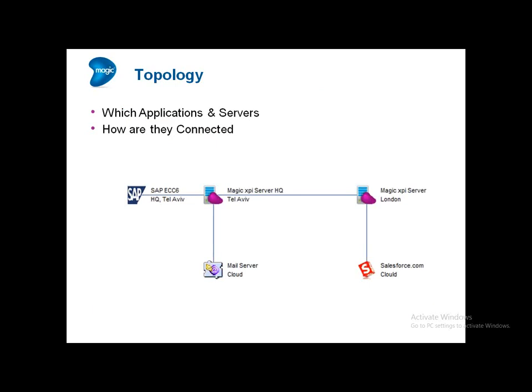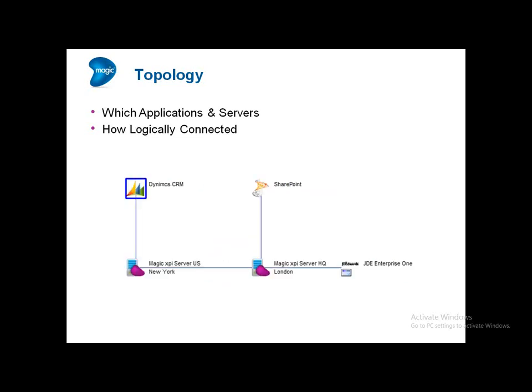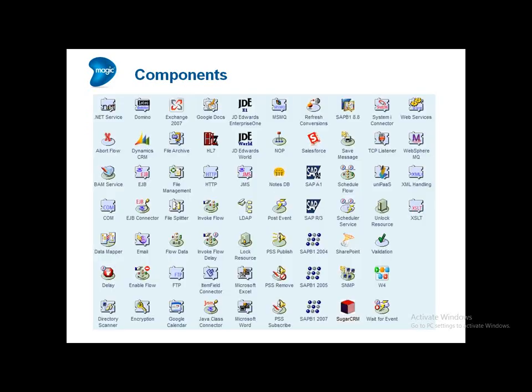Let's say you could have SAP running on a very specific network with very specific boundary security, etc. And on the other side you have Salesforce running in the cloud and connecting to different systems or different locations that you might have. Here is another example with different locations but involving different systems. They are all designed and dropped in with the connectors.